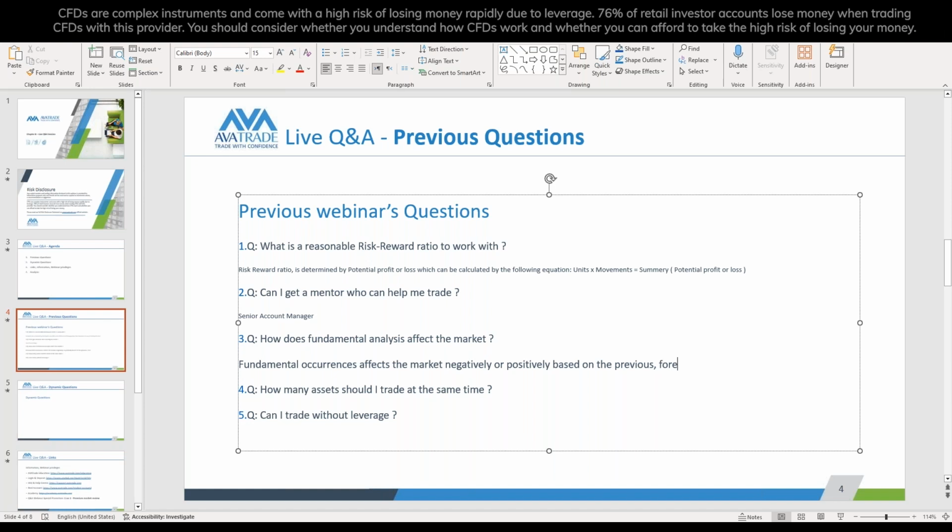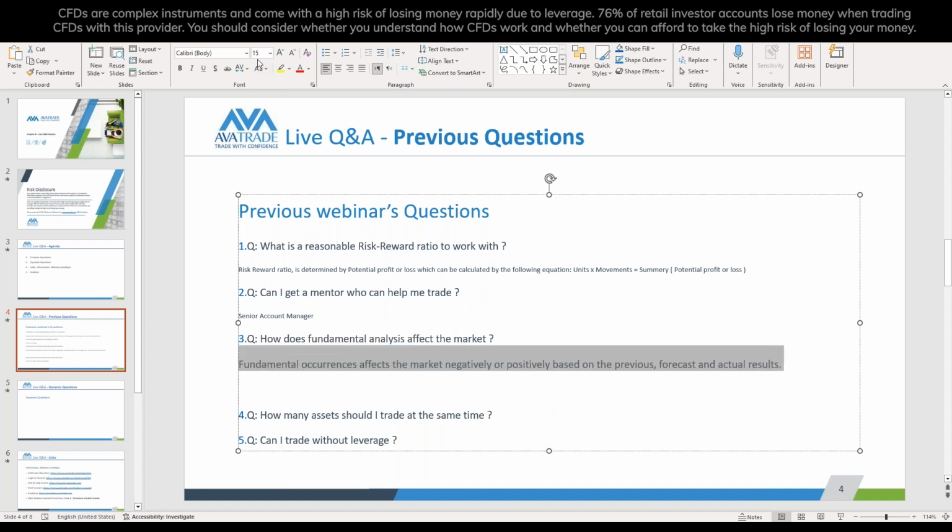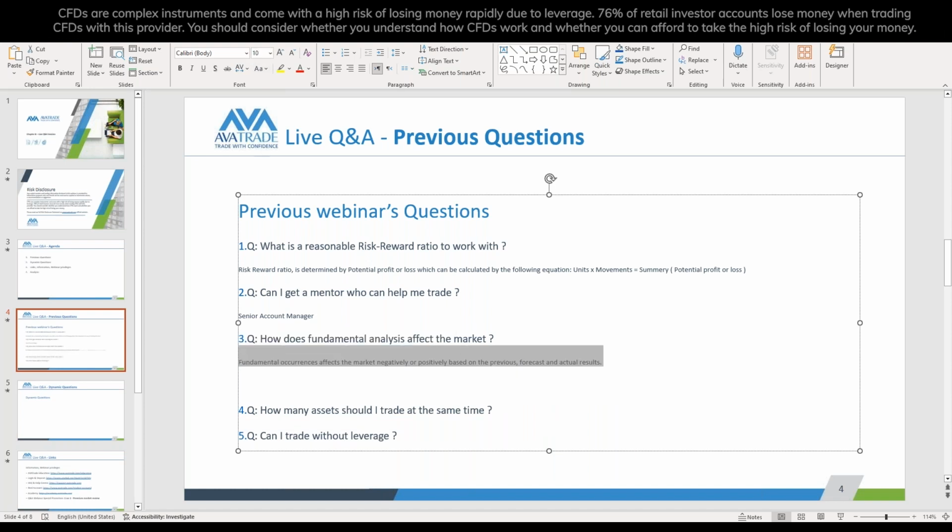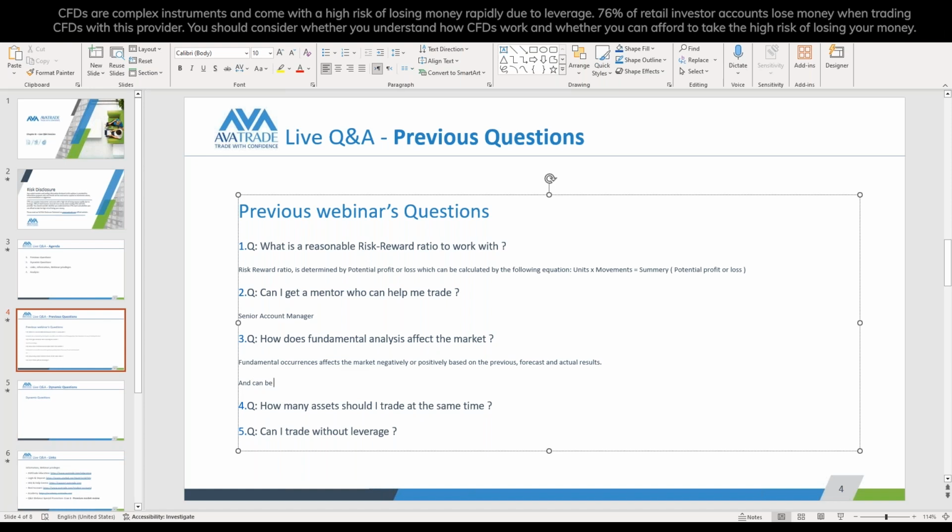So based on the previous forecast and actual result, and can be interpreted, right?